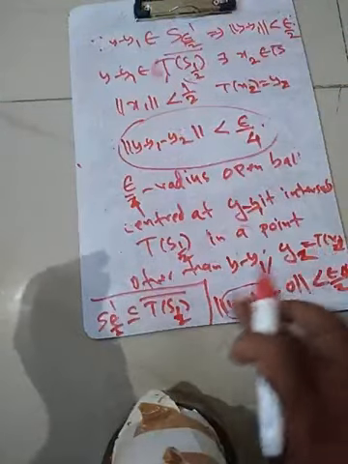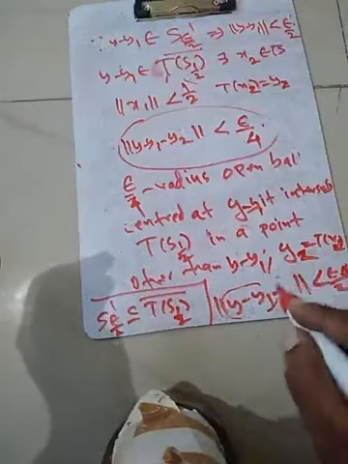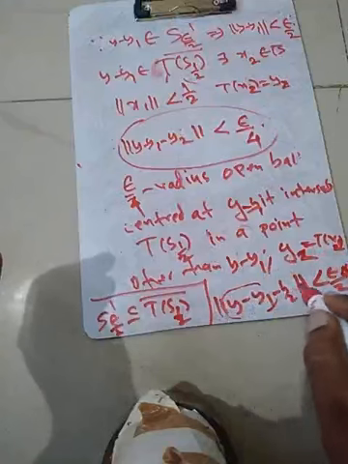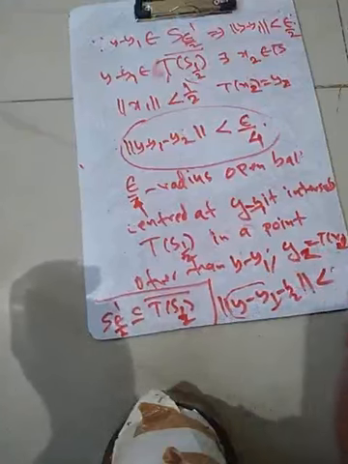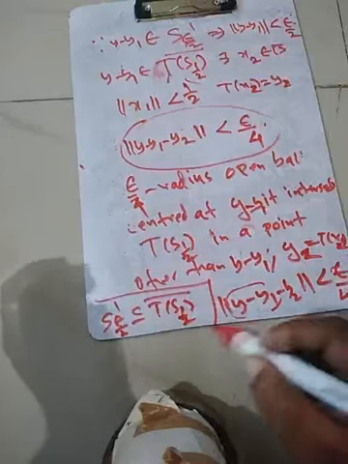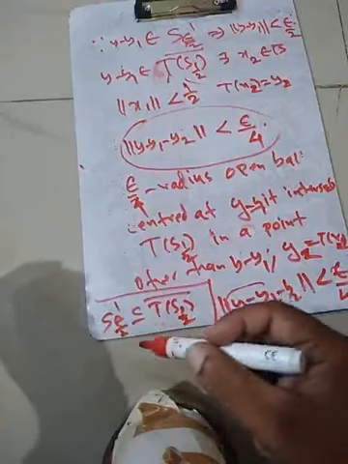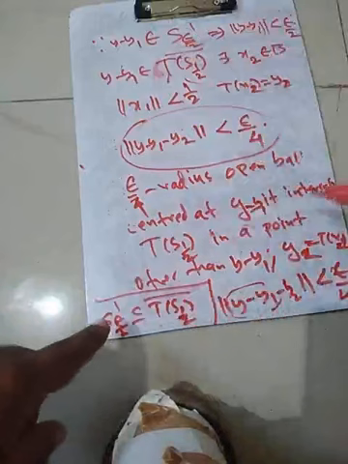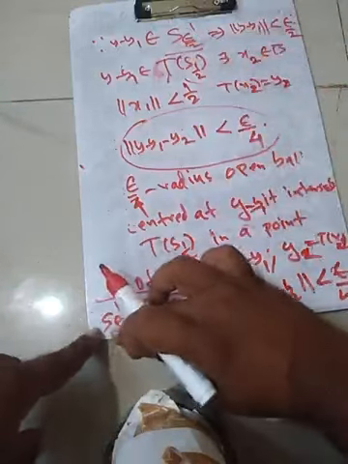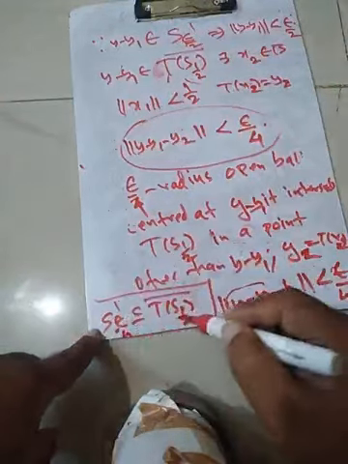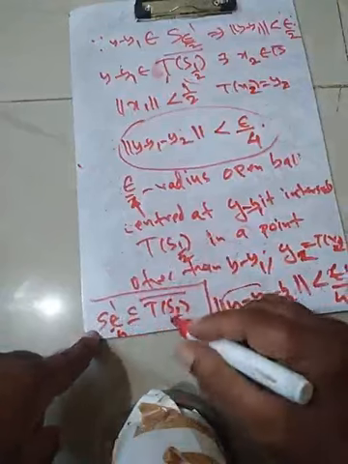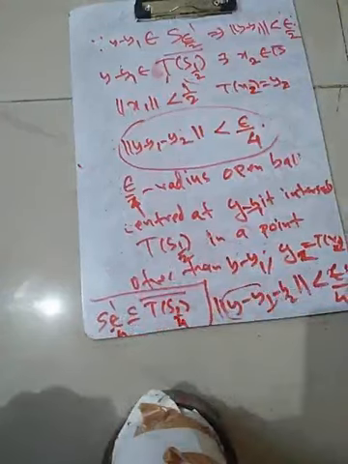So here we will have the norm of y minus y1 minus y2 minus 0, that is strictly less than what? Epsilon by 4. Because this argument was for half also, what do we get here is that S epsilon by 4 dash is contained in what? T of S1 by 4.